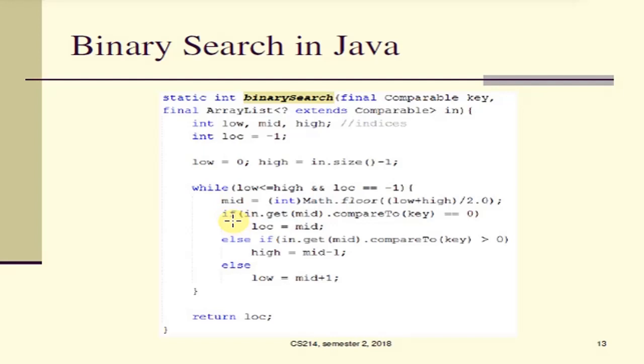Then we are going to check the element that is in the middle, right, that is at this mid index. So the middle element, does it compare to the key? And this method is going to return 0 if it is a match. If the element at mid index is matching with the key that you sent to the compare to method, then it returns 0, right?